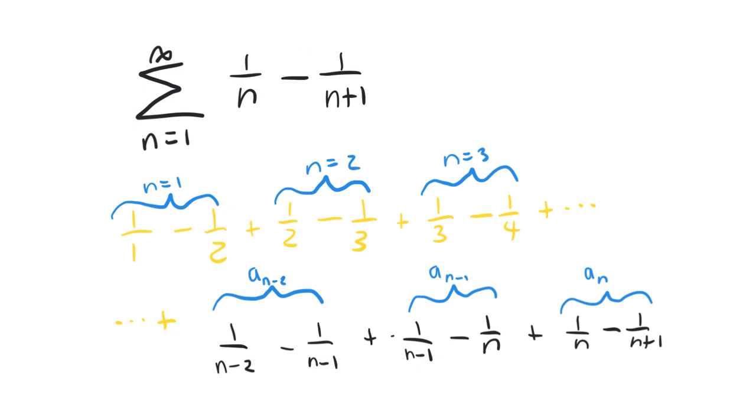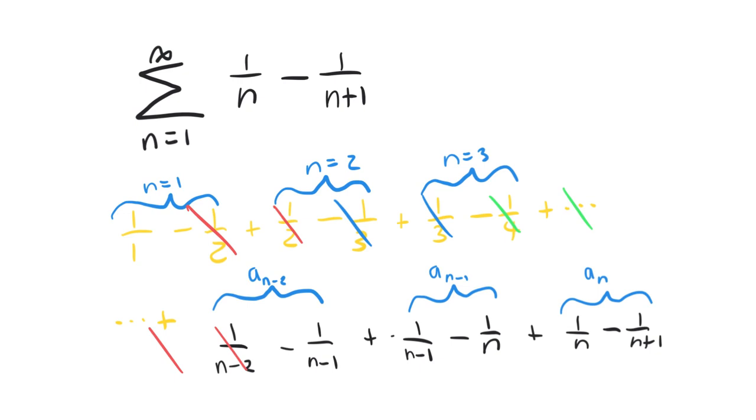Now, let's take a look at what's happening. I think everyone can see that the 1/2s are going to cancel. The 1/3s are going to cancel. The negative 1/4 is going to cancel with something else over here. If we were to have the previous term, we would see that the 1 over n minus 2s would cancel.